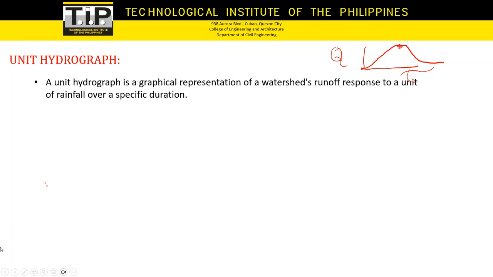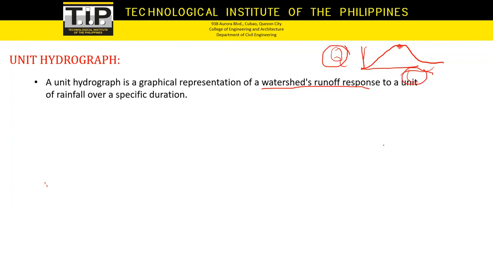Hydrograph is simply a graphical representation ng watershed response, runoff response to a certain rainfall in a specific duration. So, bali, graph siya ng time versus Q, as you can see here, Q yung nasa vertical, and then time yung nasa horizontal.